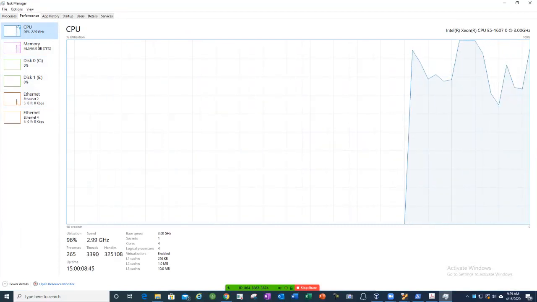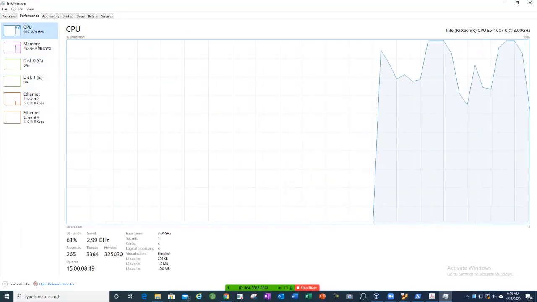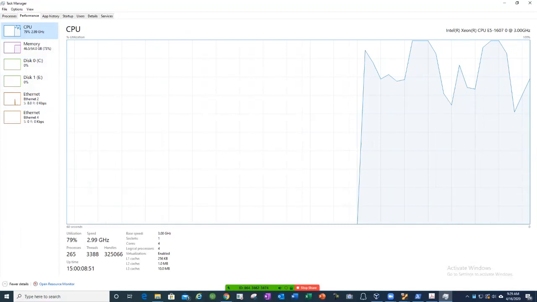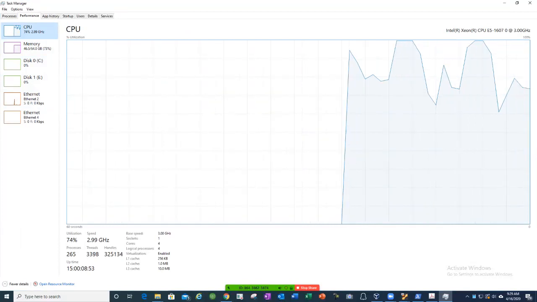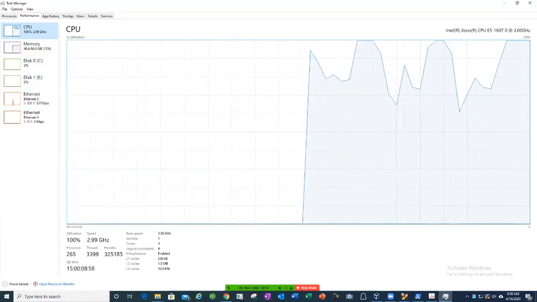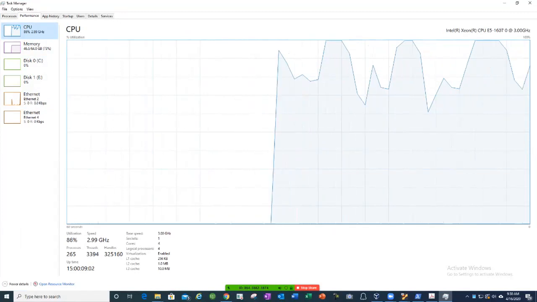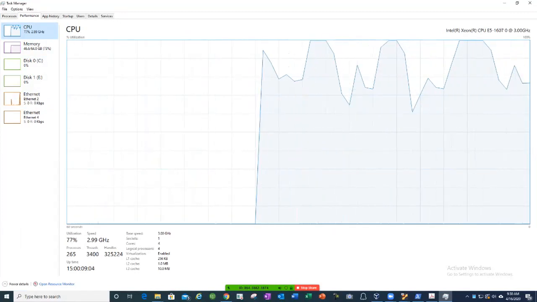This is what we're talking about. The speed is 3 gigahertz. I only have 1 socket on my motherboard, but it has 4 cores. That's why you see the logical processors, because each core is kind of like an independent processor.